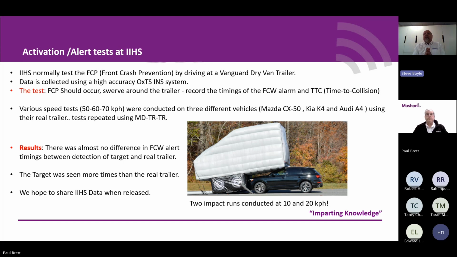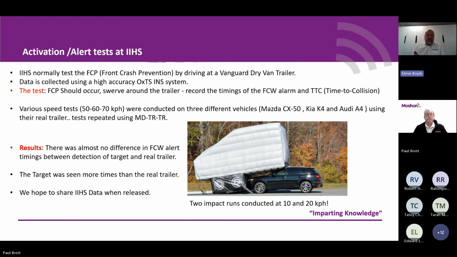The next part was, once we'd analysed the data and played around with our radar signatures and made sure we were representing the equivalence, to then test it. We went to IIHS and we created the target, and then we did the tests that they had been doing.